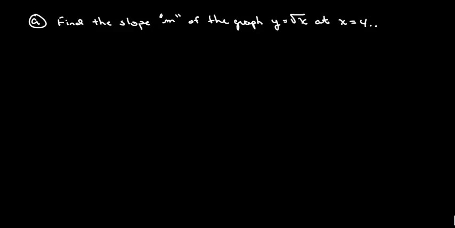Now, if you go back a couple videos, you're going to see that there's one on example number 4. Example number 4 asks us to find the derivative. They say, okay, if f of x, which is our y, is equal to square root of x, then f prime of x is equal to 1 over 2 square roots of x.